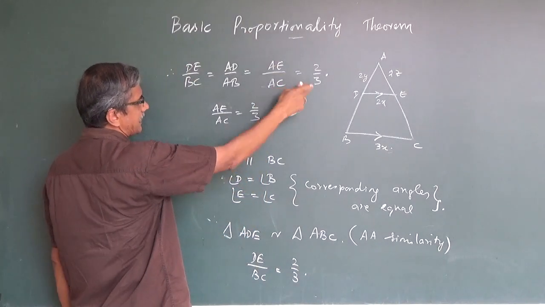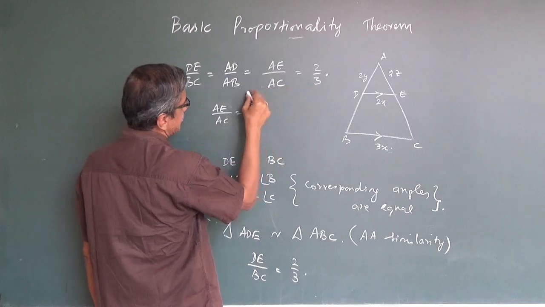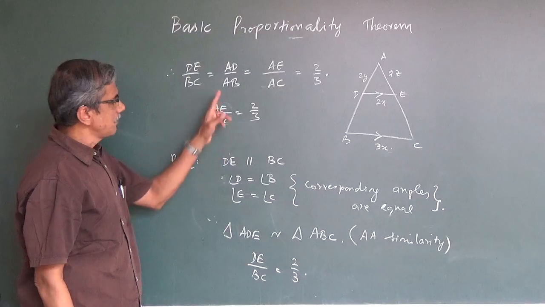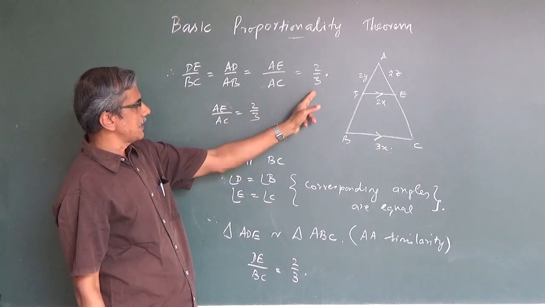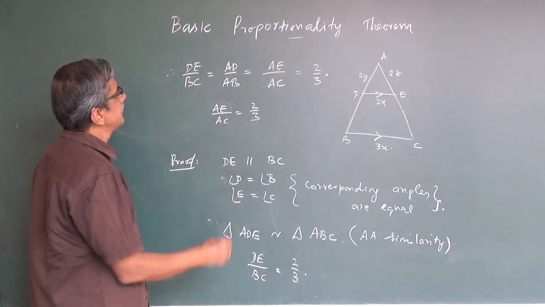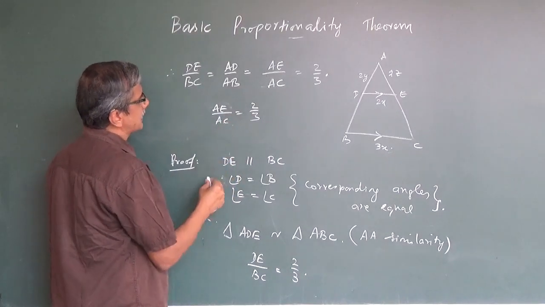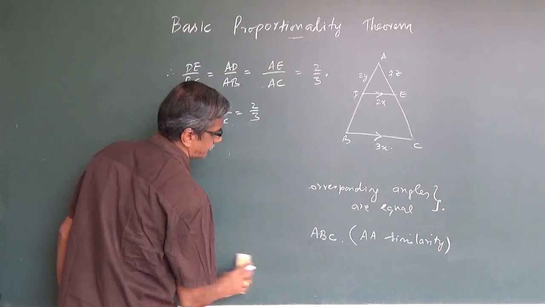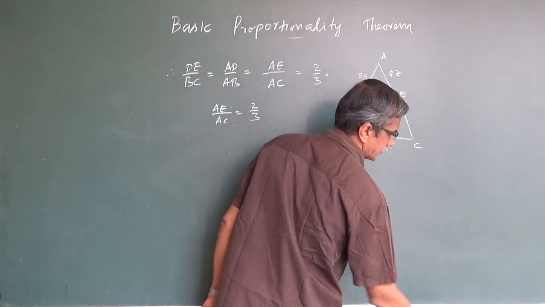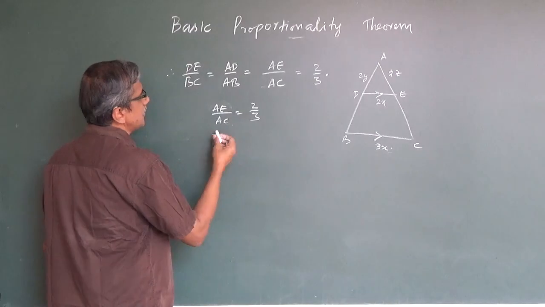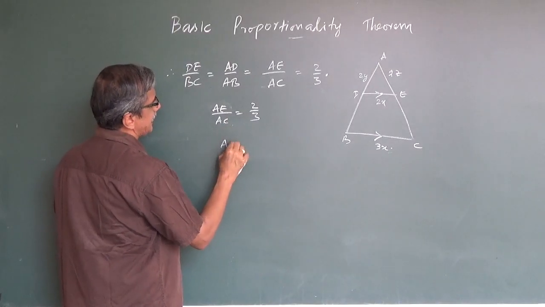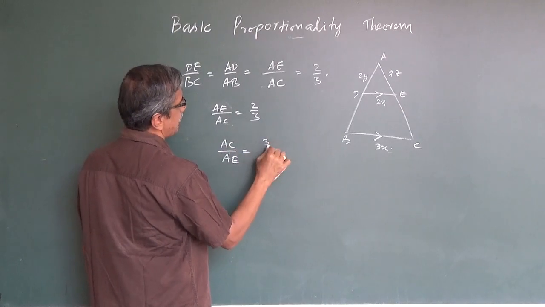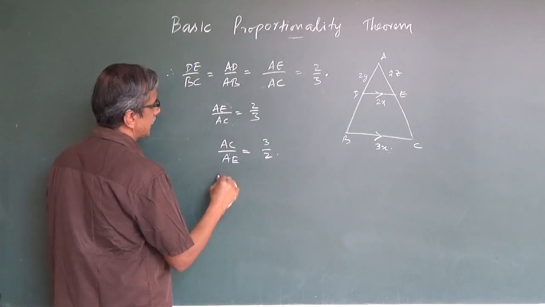AE by AC is 2 by 3 because in similar triangles the corresponding sides are proportional. By that you can write that. Now AE by AC is 2 by 3. So I can reciprocate and write AC by AE is equal to 3 by 2.